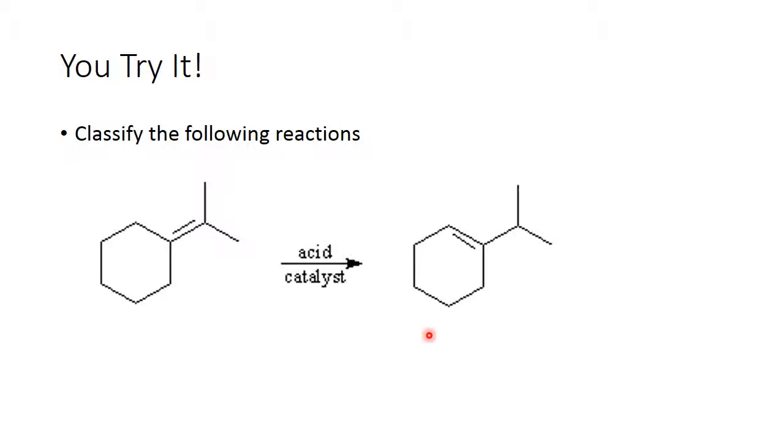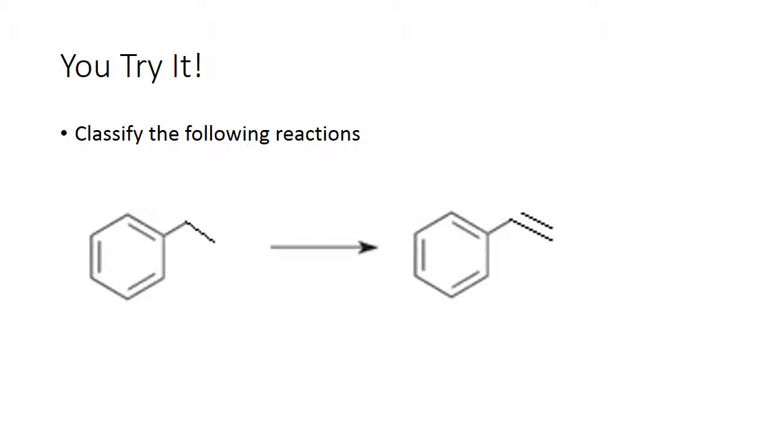So there's no change in numbers of hydrogens. The only thing that we see is that the bonding arrangement has changed. This is an isomer of this. So what do we call this? A rearrangement.